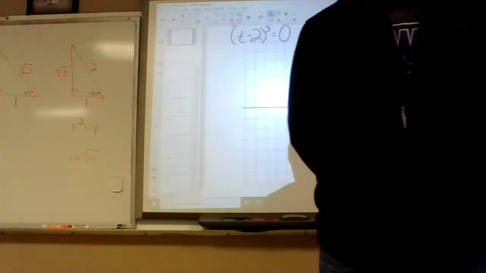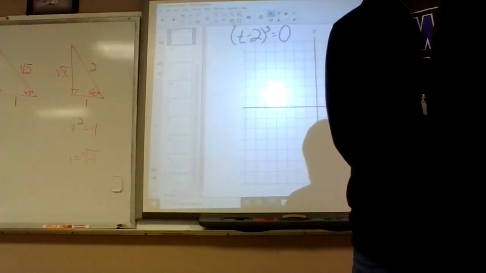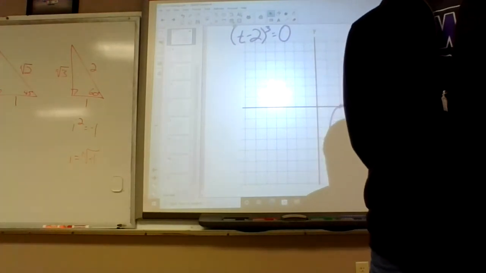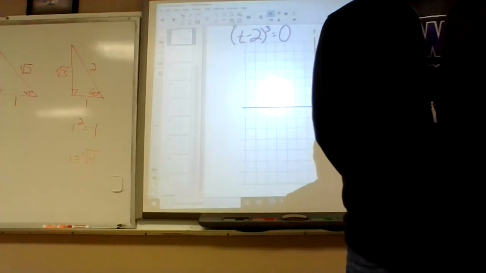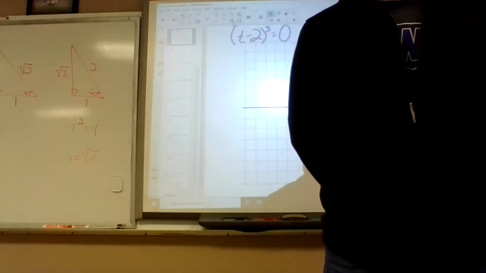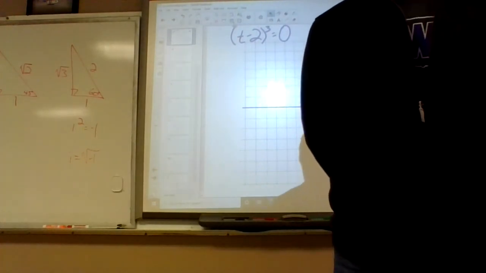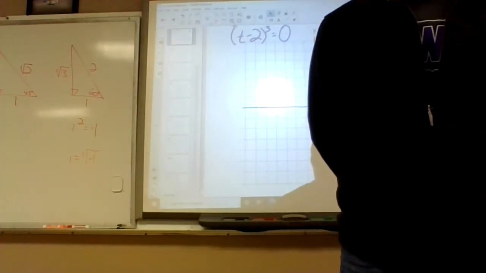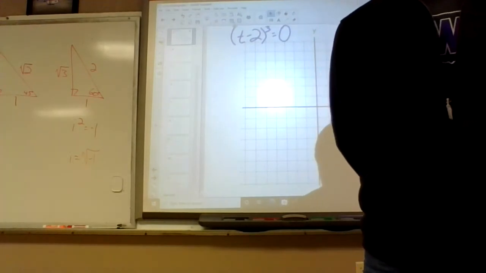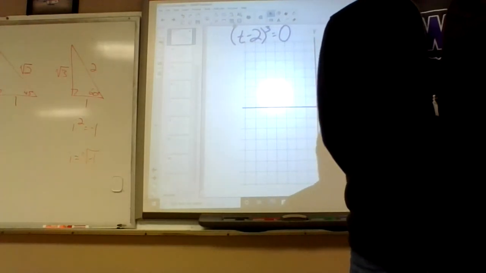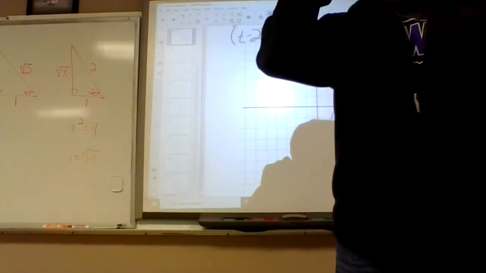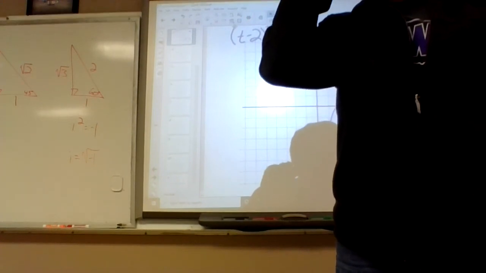I would use the minus 3 moves the parabola right 3, and the positive 4 moves the parabola up 4. So the vertex is at 3, 4. The parabola will be going down from there though, because there's a negative in front of the x squared.